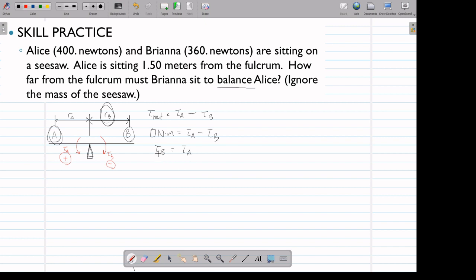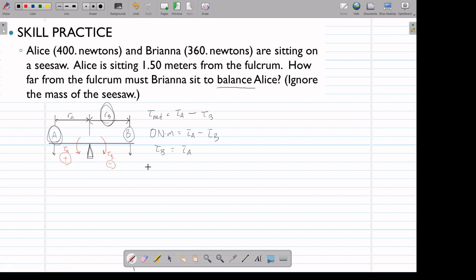Now the formula for tau, for torque, is force times radius times sine theta. In this case, both girls' weight is being applied exactly perpendicular to the length of the seesaw. So theta in both cases is going to be 90 degrees, which means that sine of theta is going to be 1. So we can actually just leave that out for this problem.